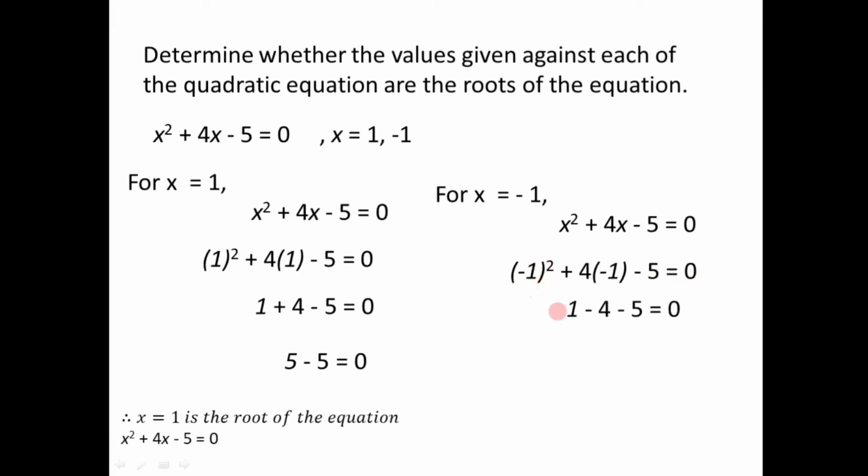(Minus 1) squared, that's 1, plus 4 into minus 1, the product is minus 4, minus 5 is equal to 0. And here we get 1 minus 4, that's minus 3, minus 5, and minus 3 minus 5, that's minus 8, which is not equal to 0.